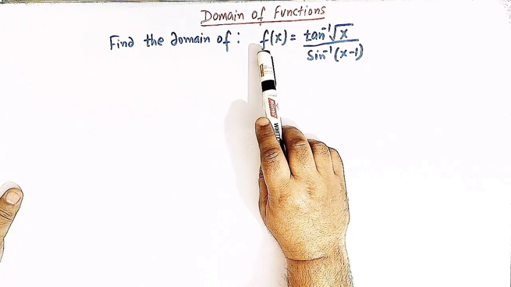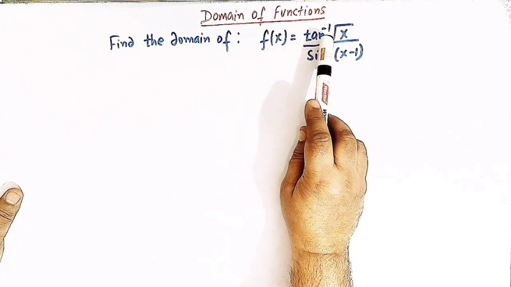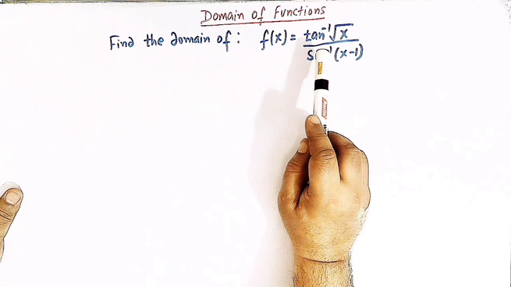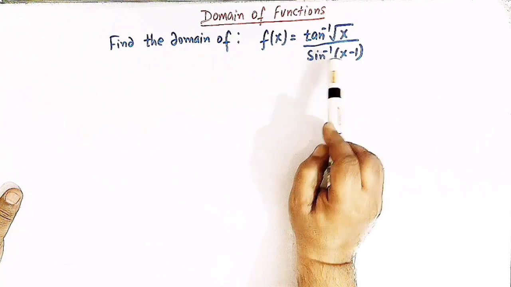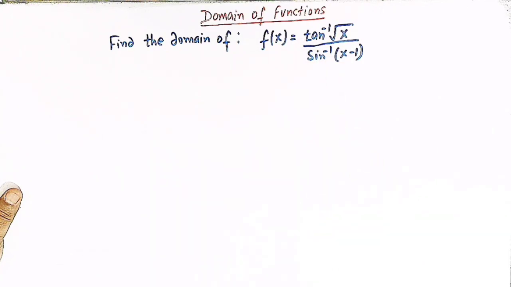So here we have f of x is equal to tan inverse square root of x divided by sine inverse x minus 1. Here we'll see how we can find the domain of functions by using the concept of intersection of domains. So let us start.